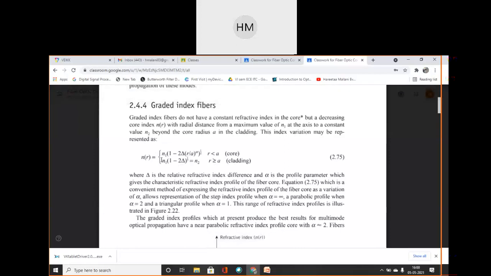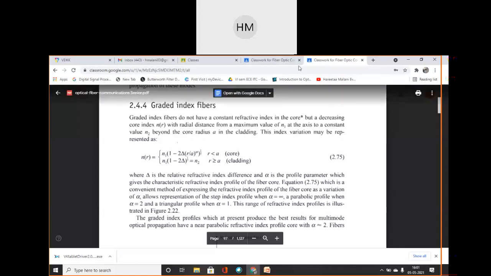N of r equals N1 times 1 minus 2 del, small r by a in bracket to the power alpha, to the whole power half. This profile is for r less than a, that is the core region.